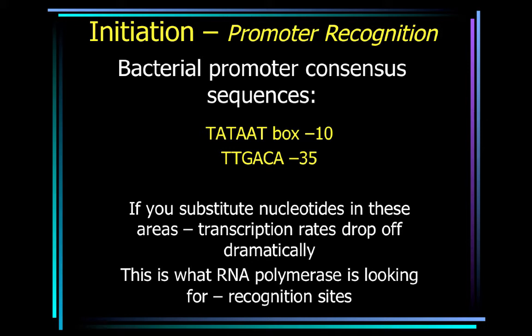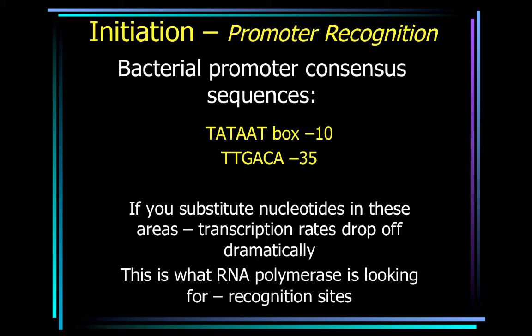So one key aspect of gene recognition and control really comes down to some of the research that's been done with promoter regions. So if you're trying to suppress expression of a gene, one thing that you can do is go into the promoter region and substitute nucleotides in these areas.